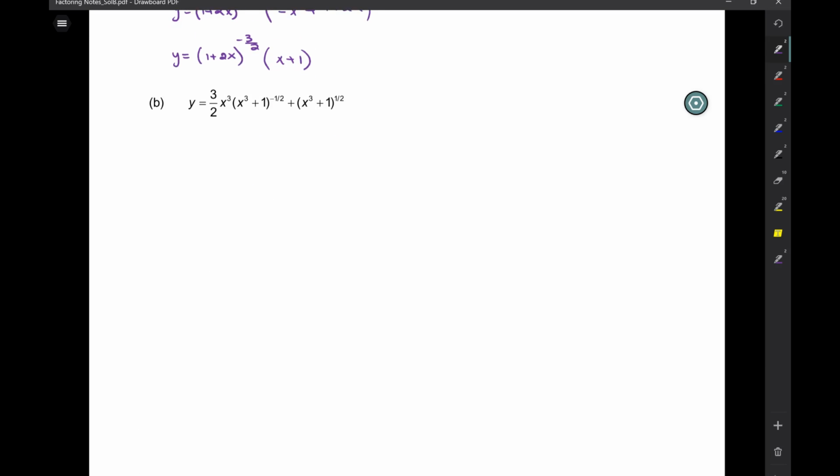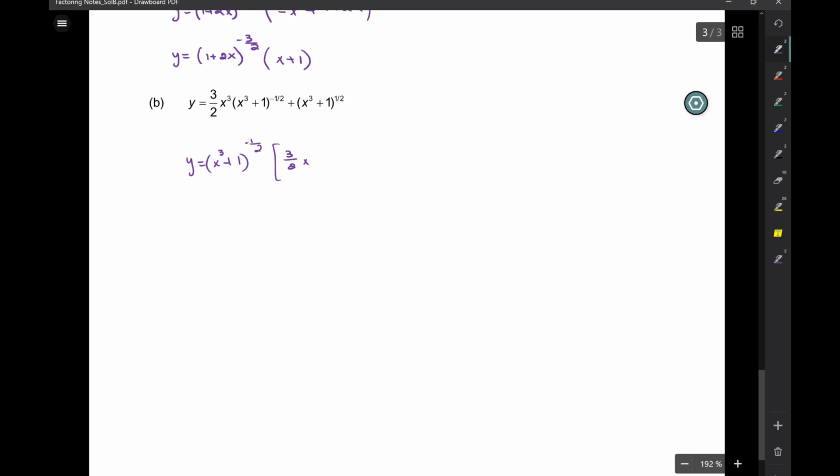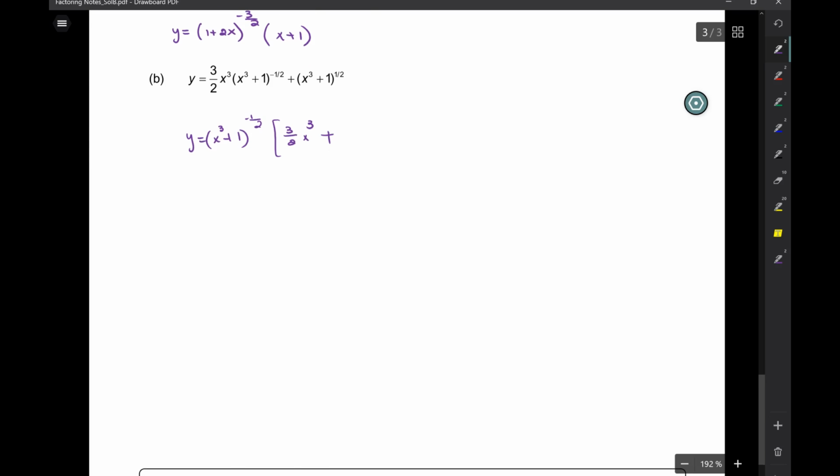Okay, so here, what are we going to do? Divide by what? Factor out of what? X cubed plus 1 to the negative 1/2. So here I have x cubed. This goes away, right? From here. And then plus x cubed plus 1 to the power of how much?